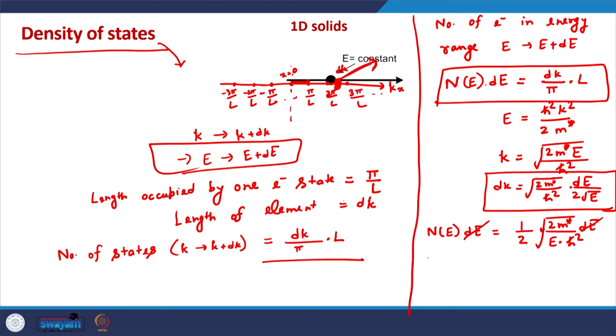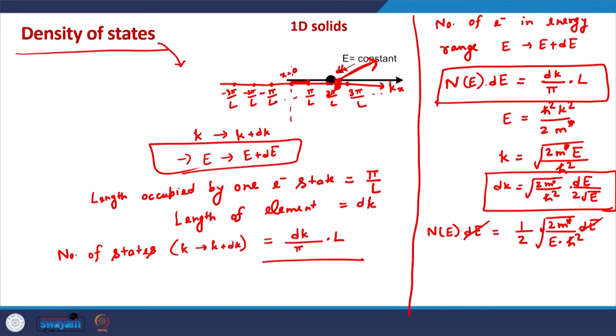now we need to again consider those 2 points as well, that each point can correspond to up to 2 states corresponding to 2 different spins of the electron.